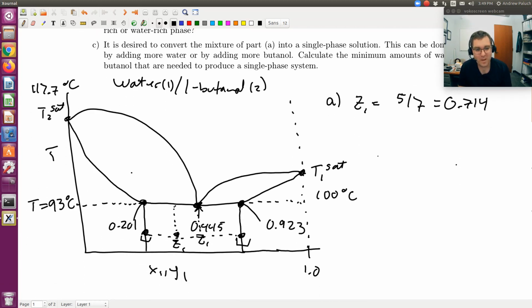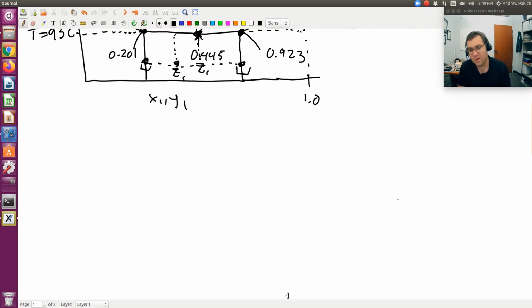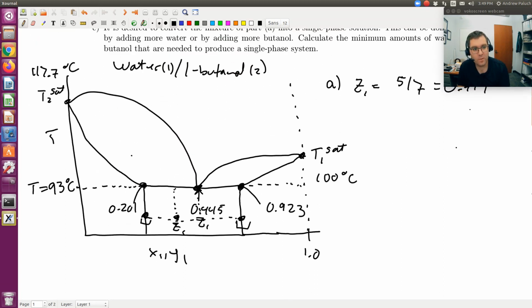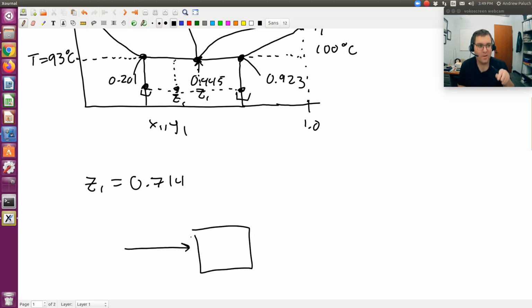So if I wanted to think of this like a flash problem, okay, and actually let me draw it down here. Okay, so we have Z1 is equal to 0.714. Okay, so basically I'm going to construct a flash drum. I'm going to send in a liquid phase, and inside my flash drum, you can think of it as being equilibrium contact, or I'm going to get VLLE, right, partial miscibility, or it's going to correspond to liquid-liquid equilibrium between the 2 exiting streams.